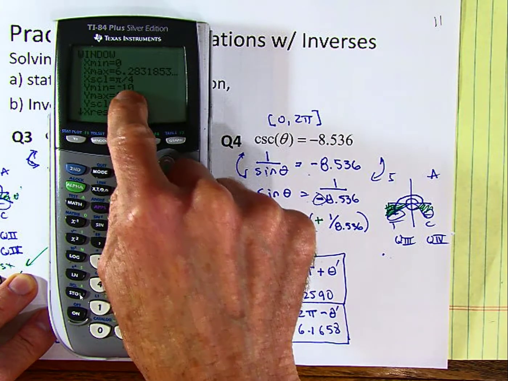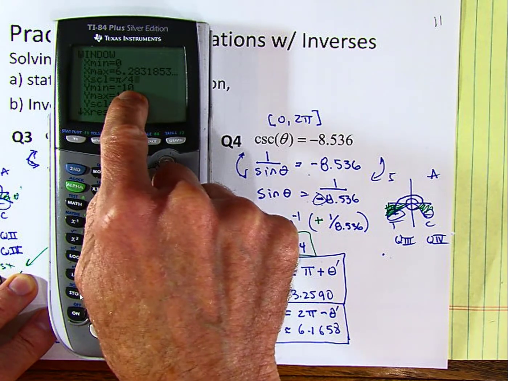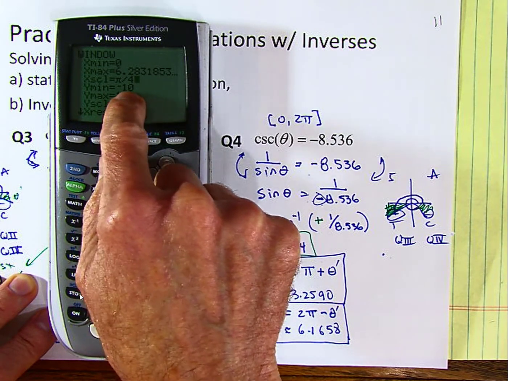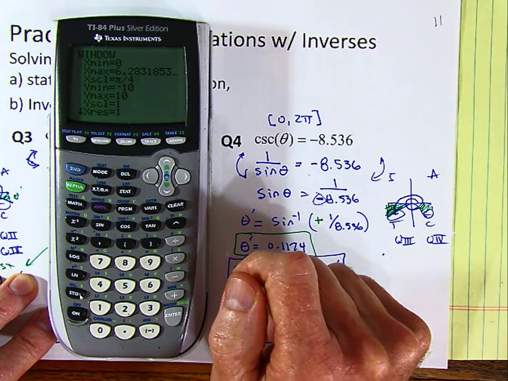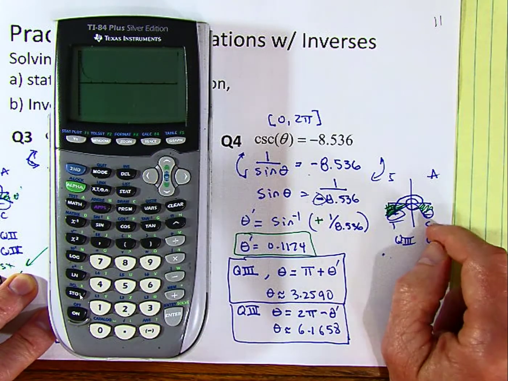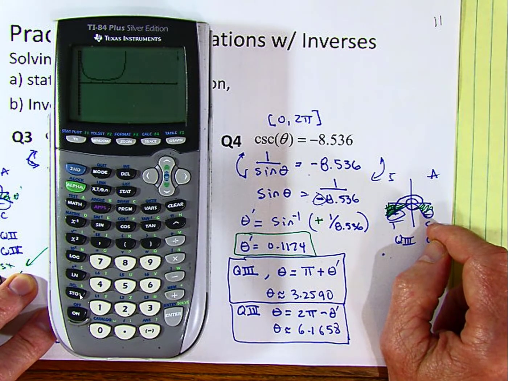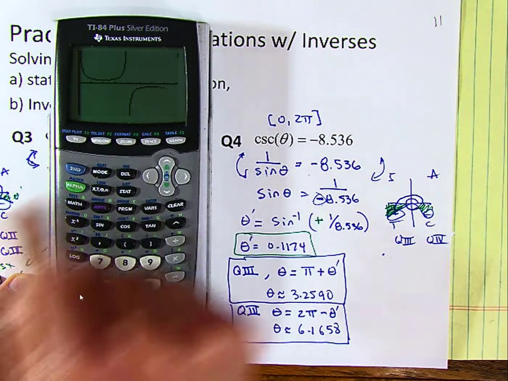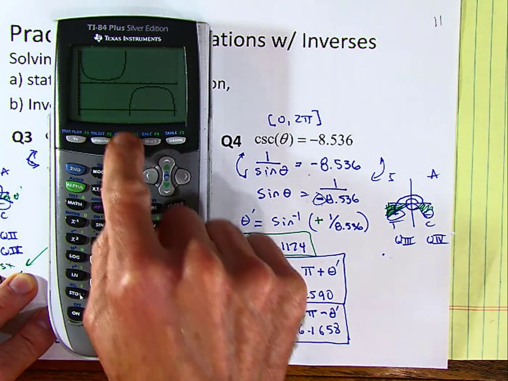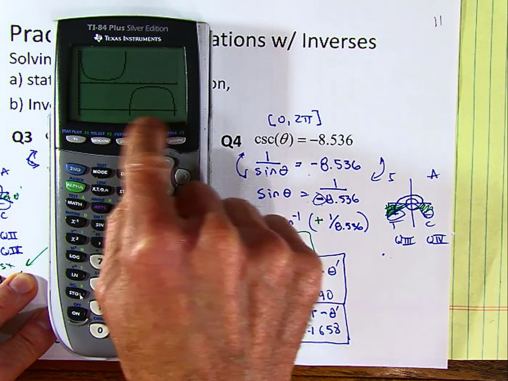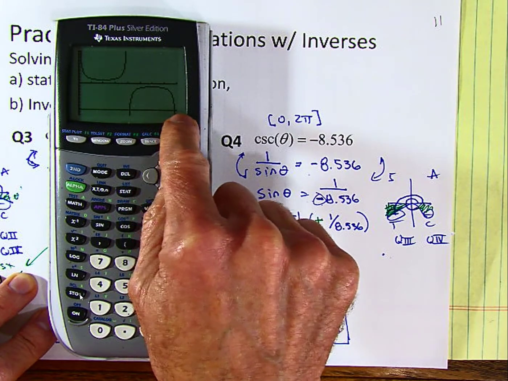So I need the y's to go way down. And I might as well just leave negative 10 to 10 and see what this graph looks like. So we're going to graph. And here's the cosecant. You may recognize the cosecant. It has those two humps. And there is the negative 8. And there are two solutions. Okay, so this is confirming the fact that I had two solutions.